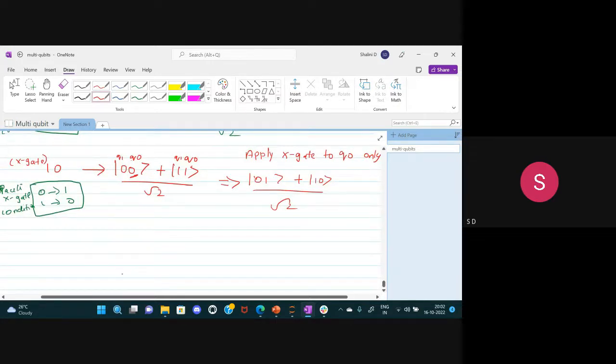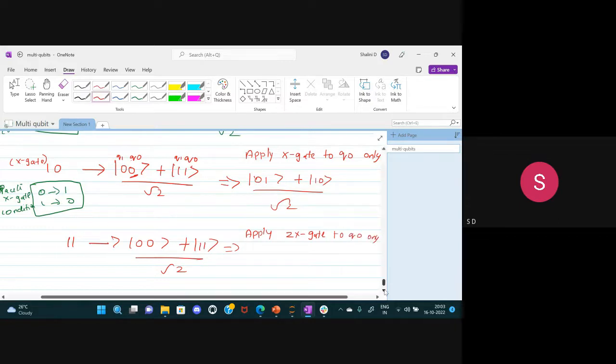Okay. Next is 11, which means you have to apply ZX both to Q0.